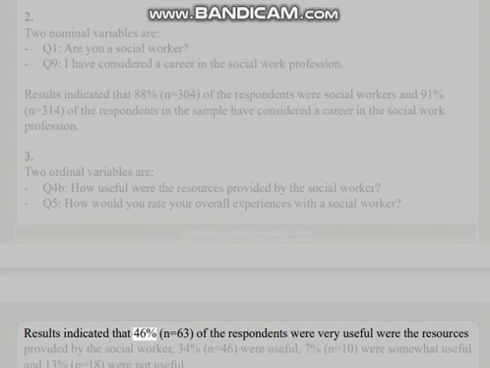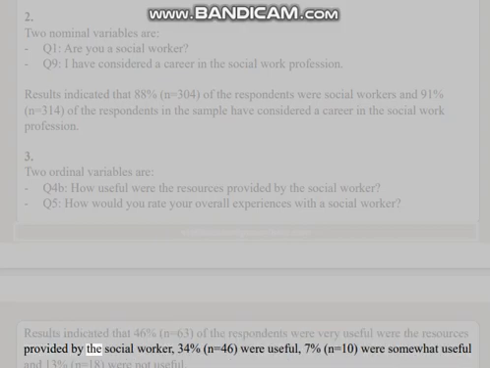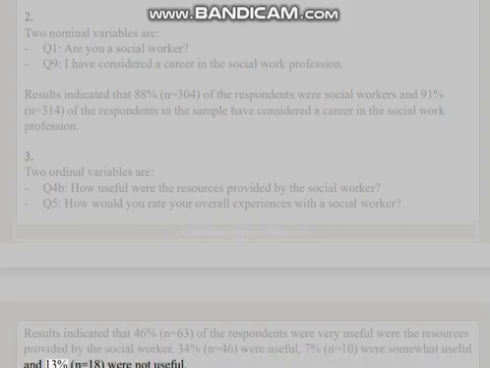Results indicated that 46%, N equals 63, of the respondents found the resources provided by the social worker very useful, 34%, N equals 46, useful, 7%, N equals 10, somewhat useful and 13%, N equals 18, not useful.